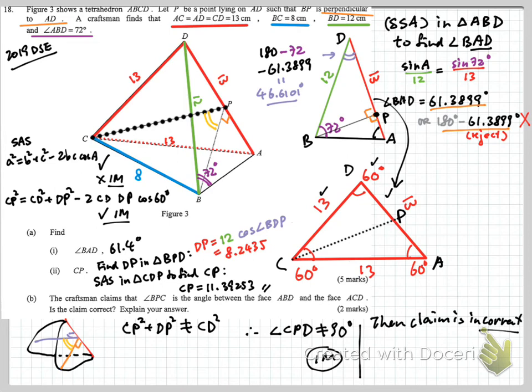There is one way to use the converse of Pythagoras theorem, because if it were a right angle, then the 3 lines CP, DP, and CD should follow Pythagoras theorem.